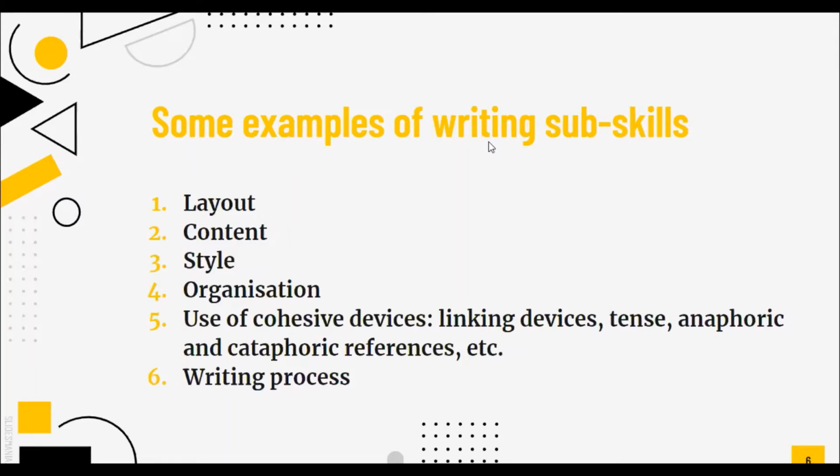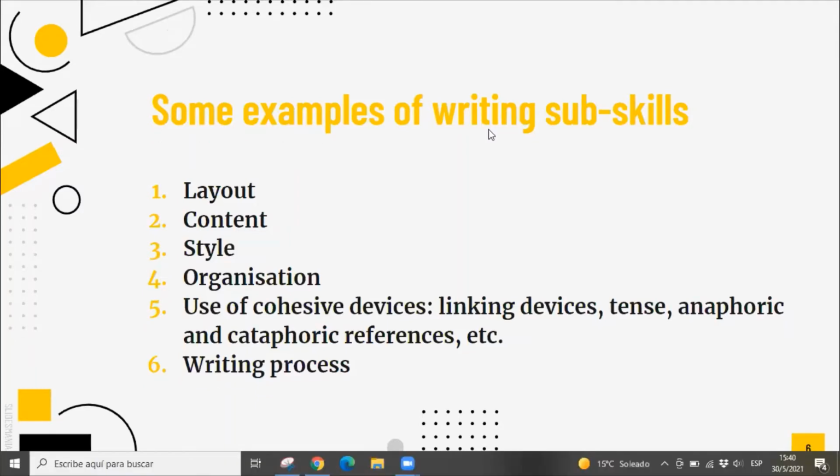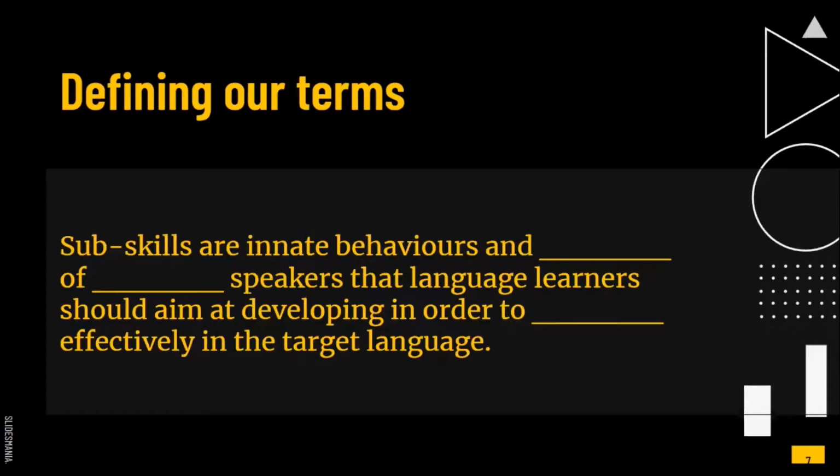Okay. Now, to define our terms, let's continue. Here we have a definition that we have decided was very appropriate, and let's complete this. We have 3 blank spaces. Can you please complete it?